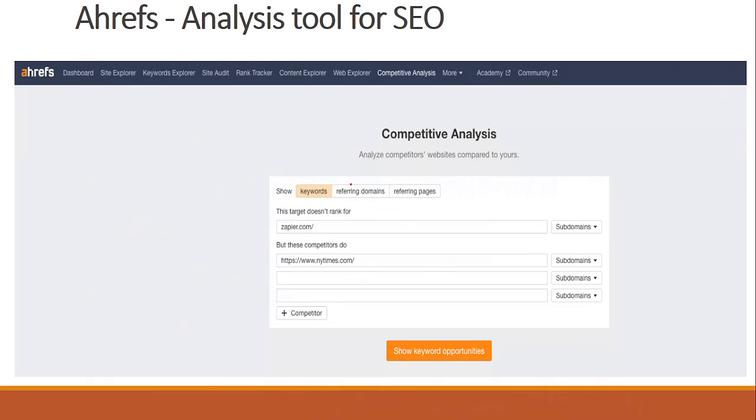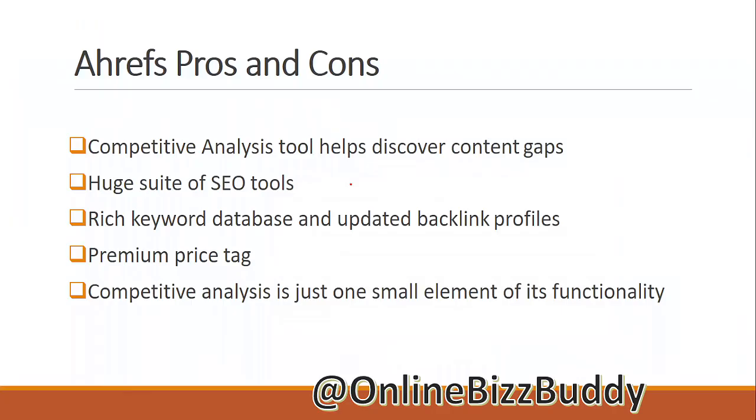Ahrefs, this is an analysis tool for search engine optimization. Ideally, you can add different website URLs for your competitors, and it's going to analyze them against yours. It helps you determine the traffic from different websites, right? So what are the pros and cons?